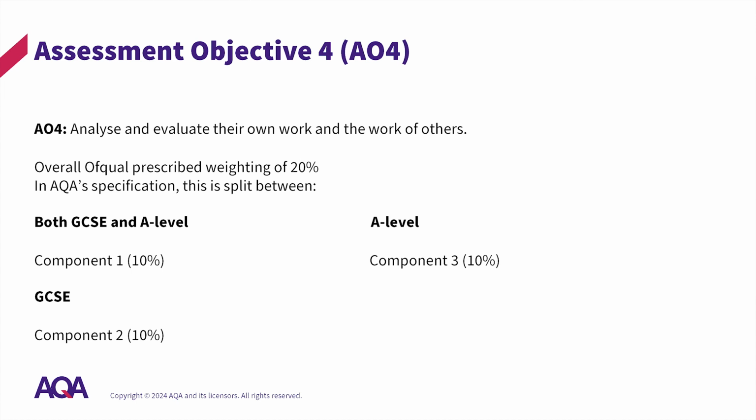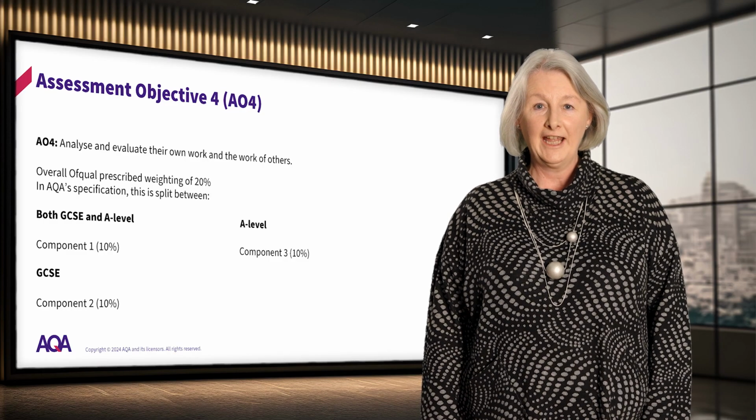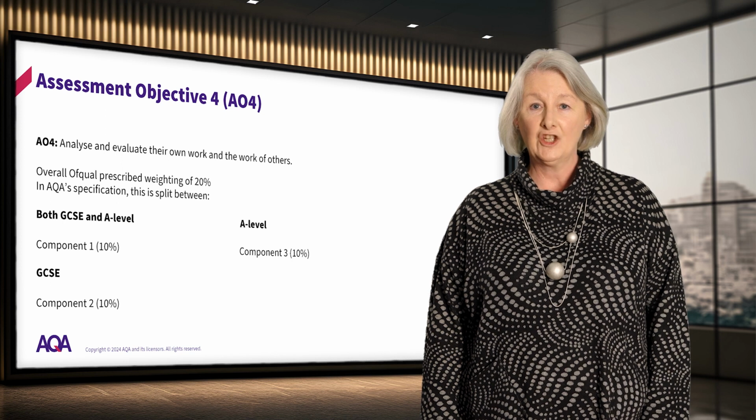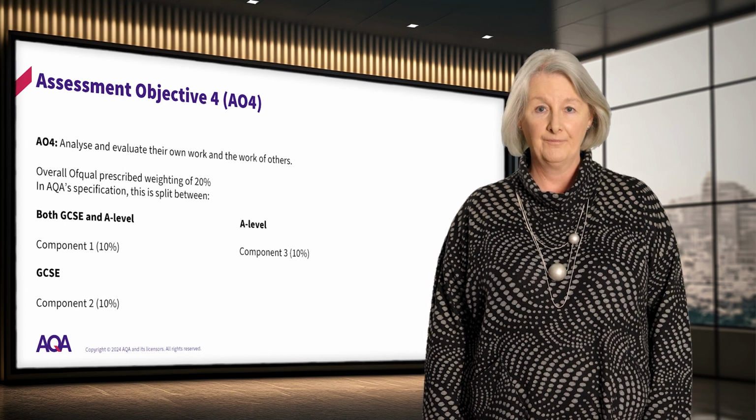This assessment objective has an Ofqual prescribed total weighting of 20%, 10% of which is assessed in the written exam, in Section C of Component 1. The other 10% is assessed in Component 2, devising drama, at GCSE, and at A-level it is assessed in Component 3, making theatre. We will consider the implications of these assessment objectives in terms of assessment design shortly.